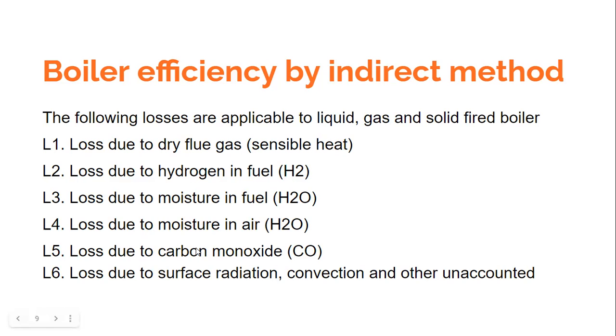Then there is a loss because of formation of carbon monoxide. Now, combustion ideally has to be a complete combustion, wherein the entire amount of carbon gets converted to carbon dioxide. However, in real life, the combustion is not that ideal, and you would find that some traces of carbon monoxide are also formed.